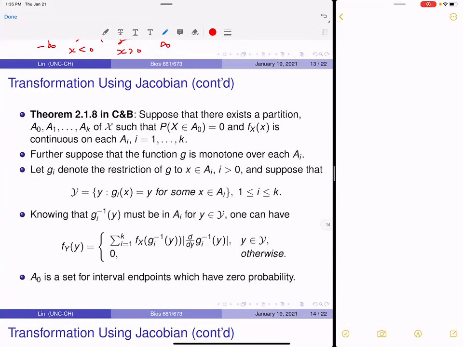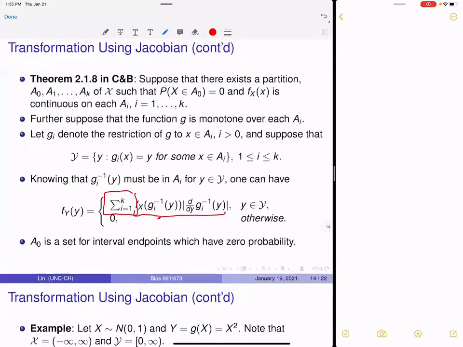Nothing but just break it down into partitions. Then in each partition, you work the same way as the Jacobian should be. Good news is, how do I combine together? Nothing but just sum them together. Easy life. Okay?